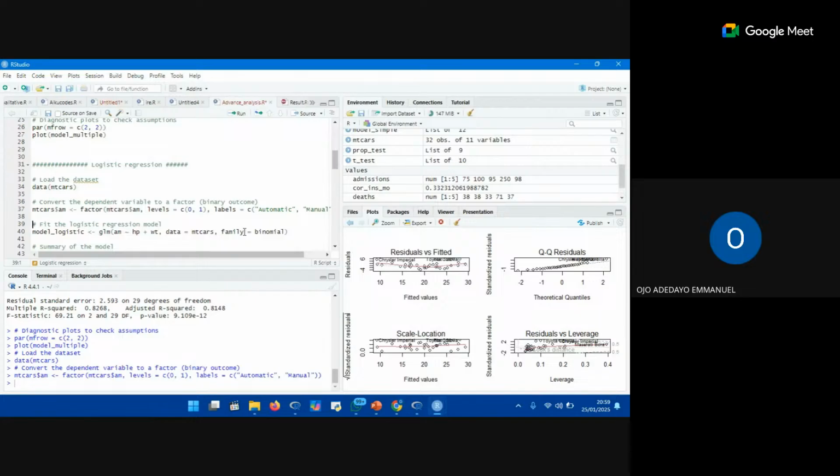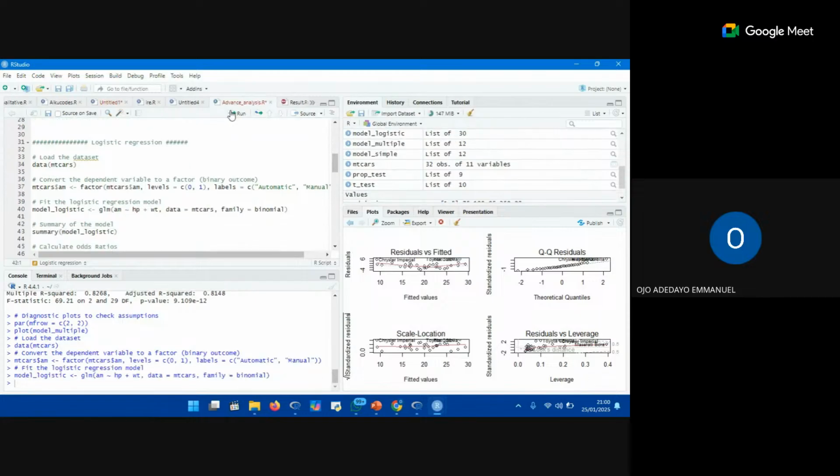Anytime you are using logistic regression, it belongs to the binomial family because the outcome is just two, either success or failure. Now run it with Control R. After running it, let us do the summary of the model.